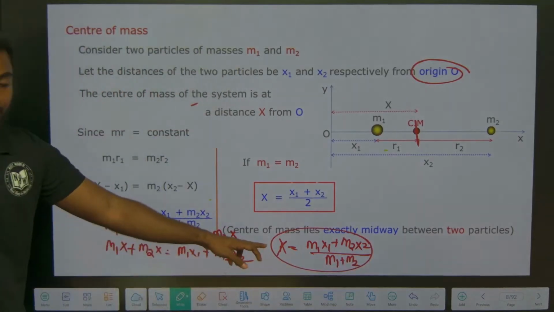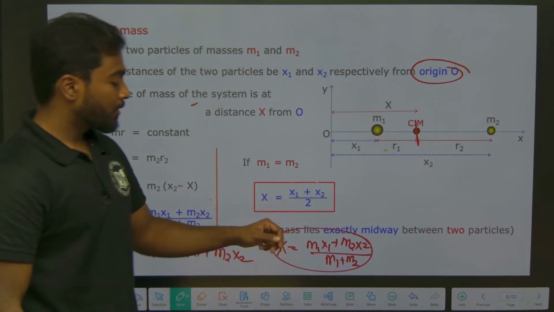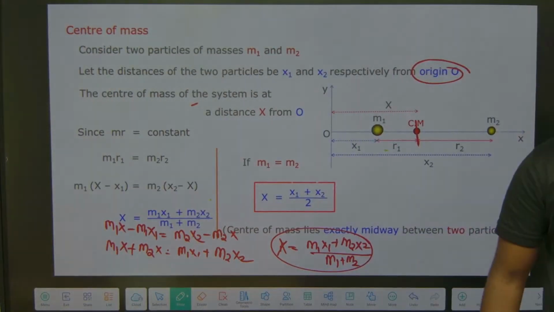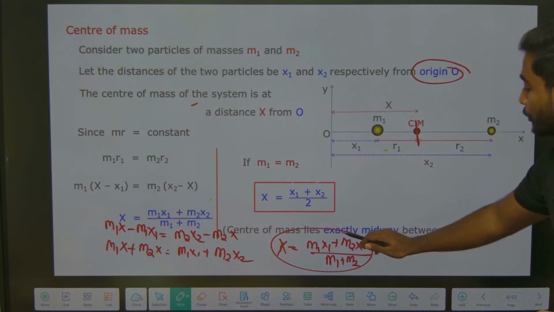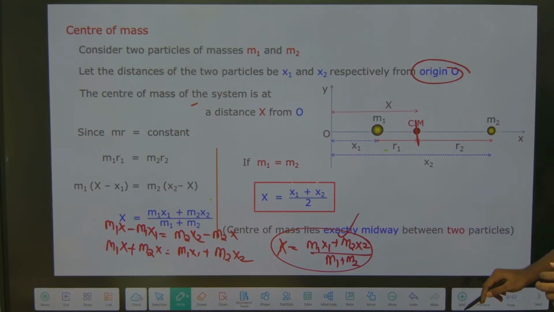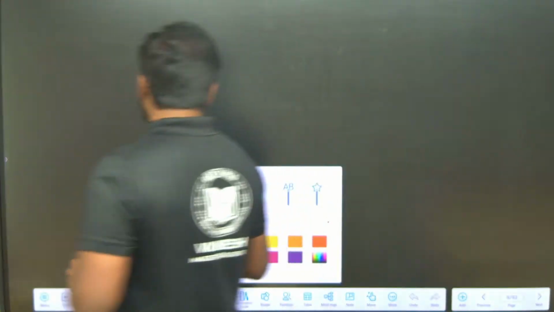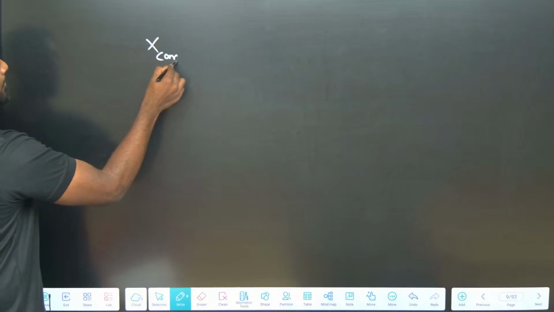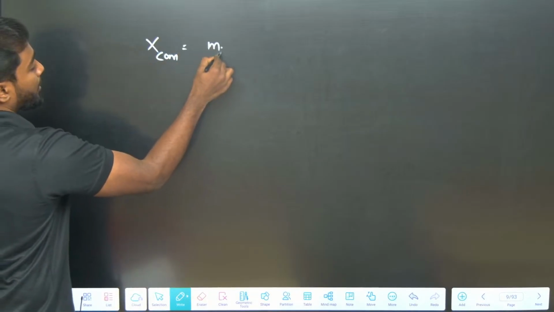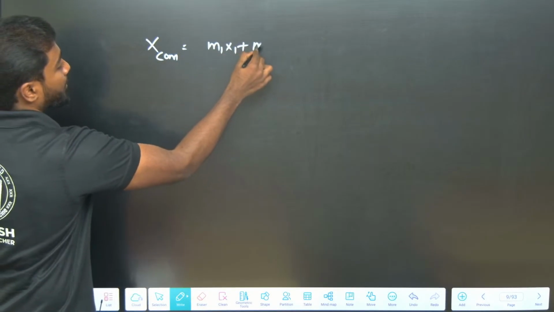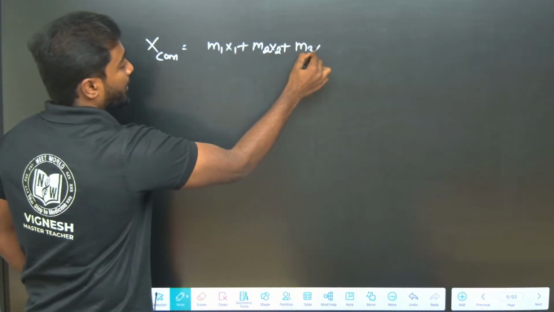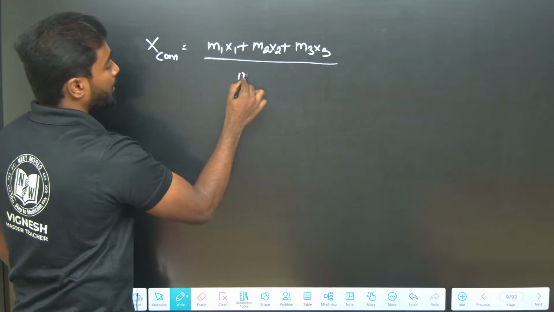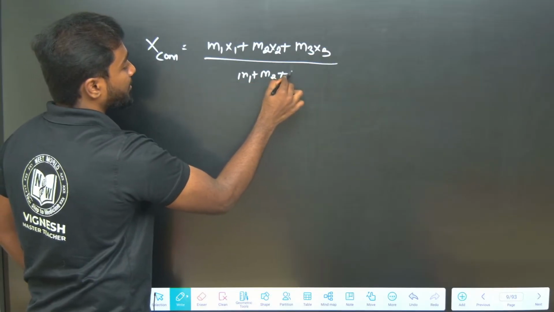So we got the center of mass formula, m1 x1 plus m2 x2 by m1 plus m2. This is for two particles. When we talk about three particles, x center of mass equals m1 x1 plus m2 x2 plus m3 x3 by m1 plus m2 plus m3.